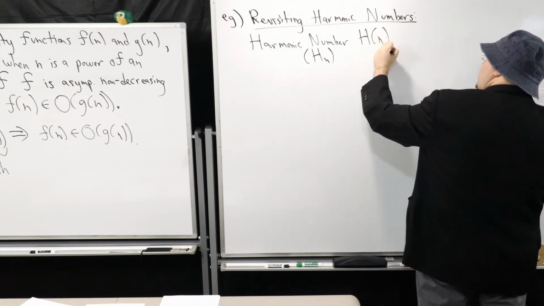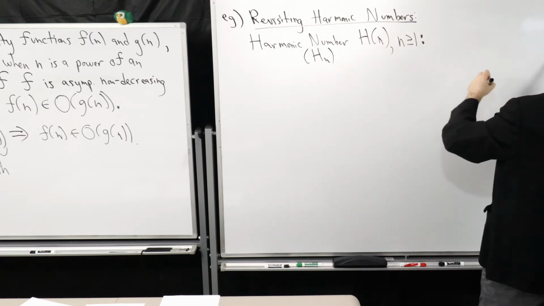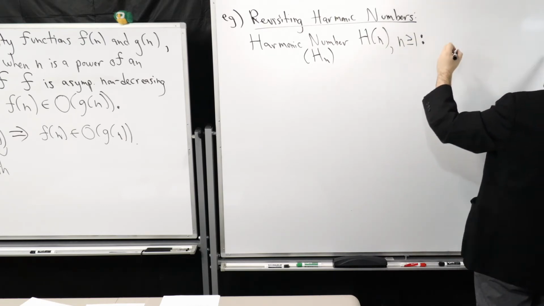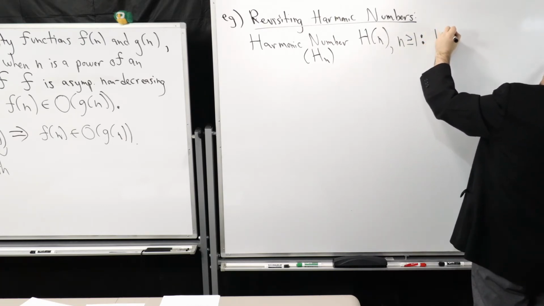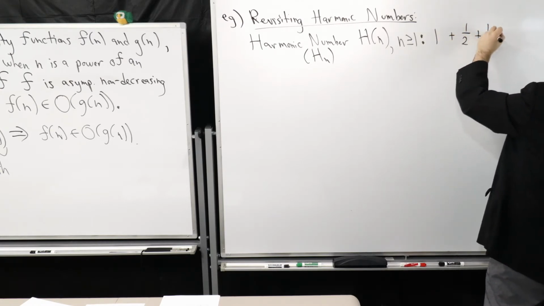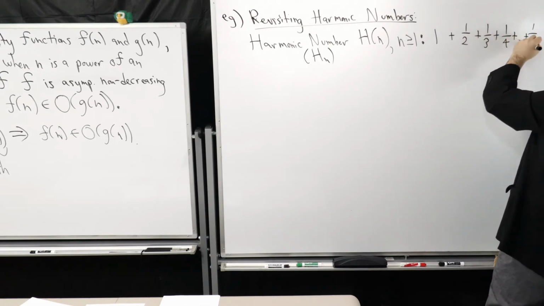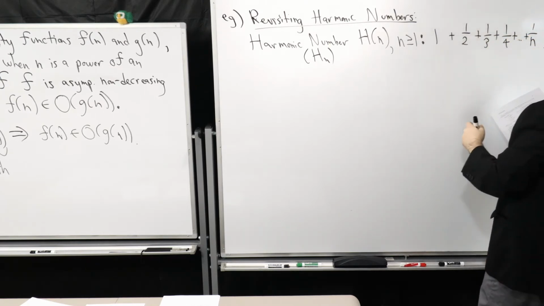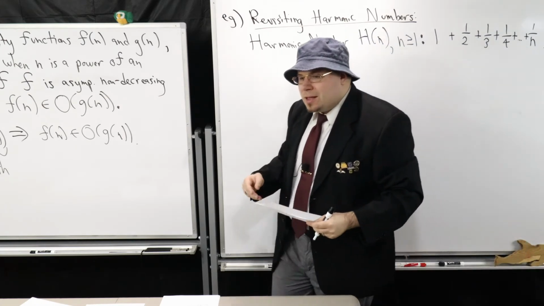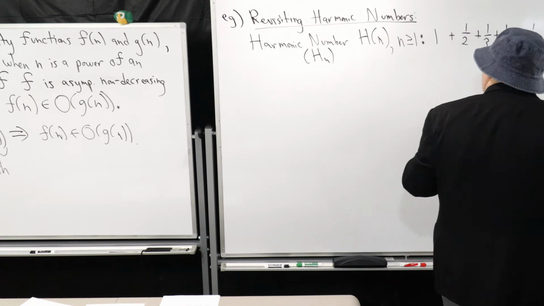The nth harmonic number for an integer n greater than or equal to 1 is defined as follows. You start off with 1 plus 1/2 plus 1/3 plus 1/4 and so on until 1 over n. Whatever this is, that is the nth harmonic number.